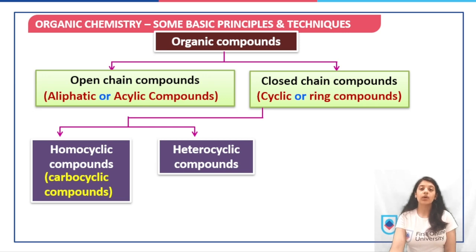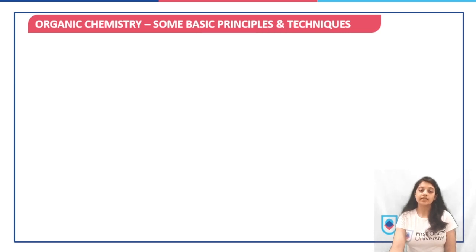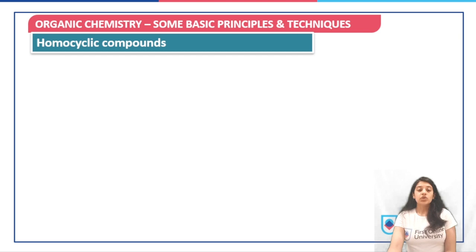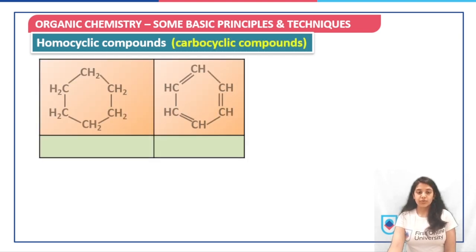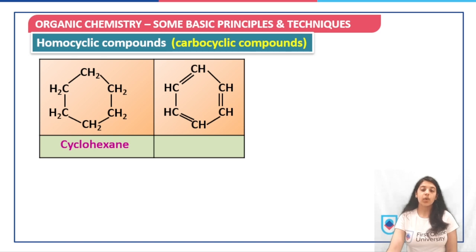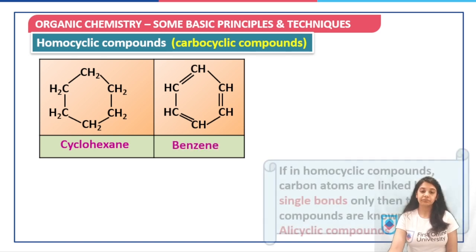Homocyclic are also called carbocyclic because it contains carbons. So let us talk about homocyclic or carbocyclic compounds first. If you look at the first structure, it contains no conjugating double bonds, and therefore this is going to be simply cyclohexane. The other one, on the other hand, is benzene.